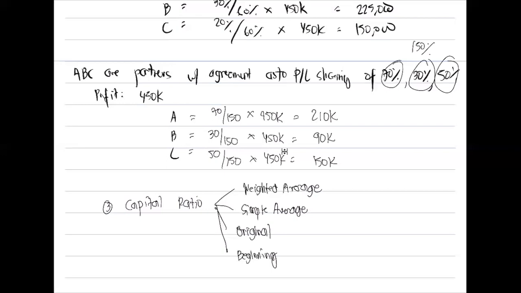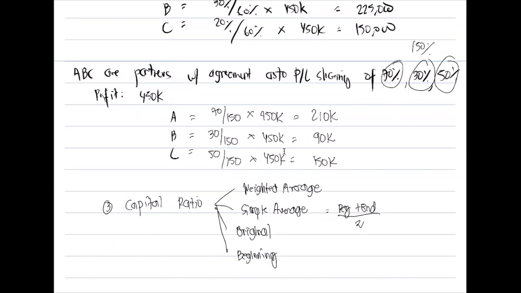For simple average, this is equal to your beginning plus your ending capital divided by 2. Your original, this is the amount of your initial contribution. For beginning, that is your beginning capital for the period.